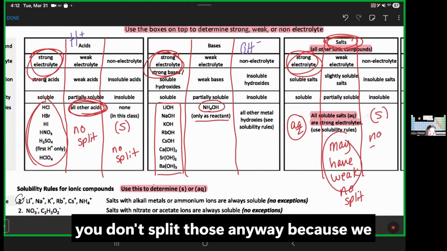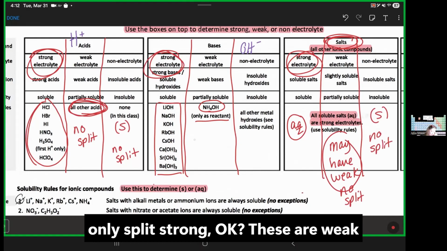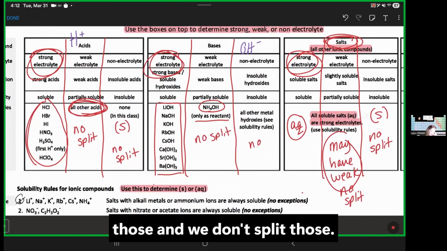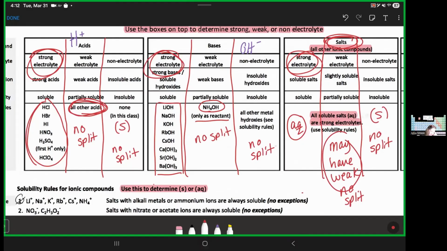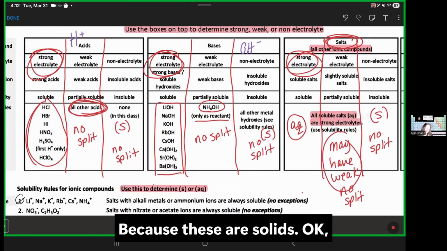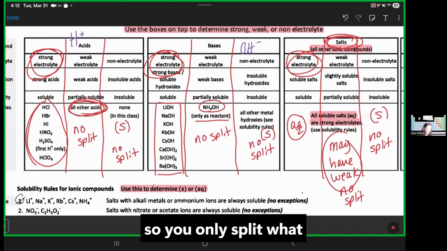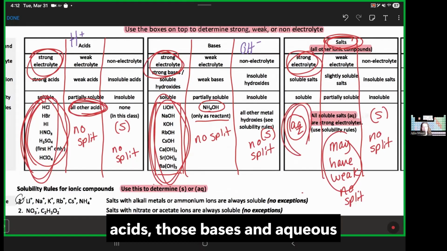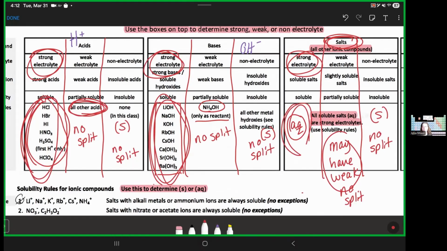And you know you don't split those anyway because we only split strong. Okay, these are weak over here for our bases. We don't split those, and we don't split those because these are solids. Okay, so you only split what is in your left-hand column over here. Those 6 acids, those bases, and aqueous ionic compounds.